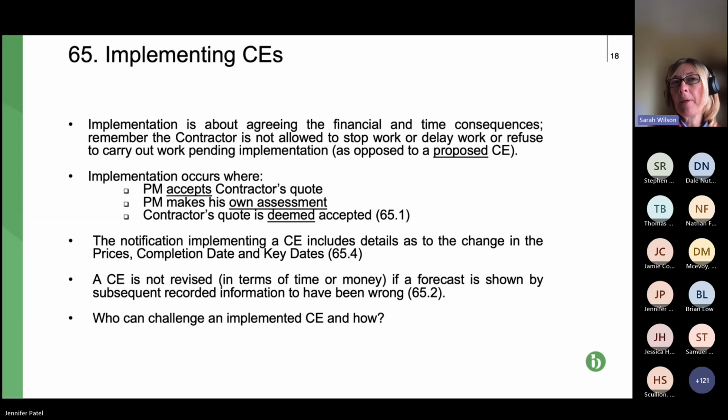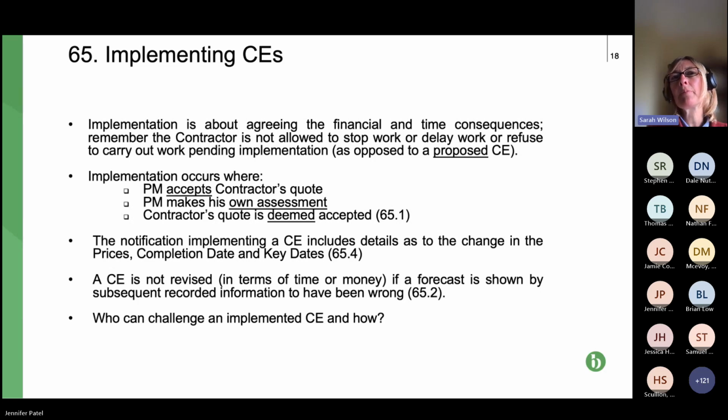In circumstances where the PM makes its own assessment, then obviously the contractor is free to challenge that. Often what happens is the contractor will keep trying to talk to the PM, trying to talk to the client to try and get the CE agreed at a value and timescales that are acceptable to both parties.